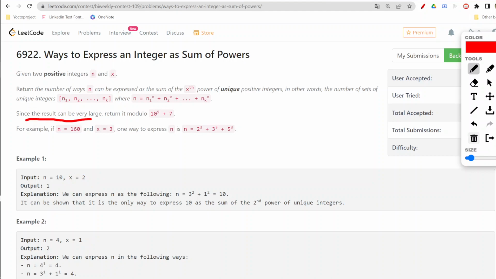Then, since the result can be very large, return it modulo 10 to the power 9 plus 7. For example, n is equal to 160, x is equal to 3. One way to express this is 2 raised to power 3, 3 raised to power 3, and 5 raised to power 3. So this is how we are expressing 160.